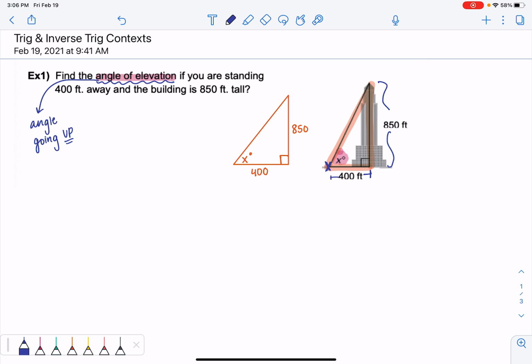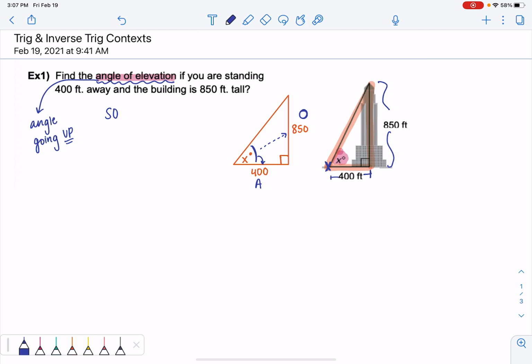So if you remember, now that we have a right triangle, here's our reference angle. We label our sides all the way across. Opposite. The leg that's next to, adjacent.